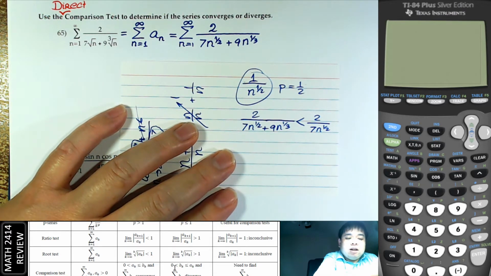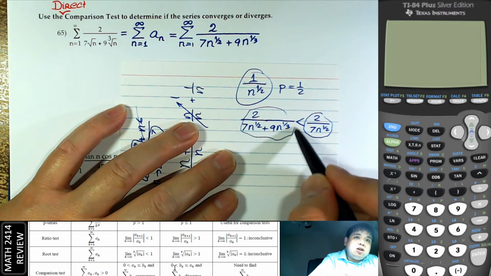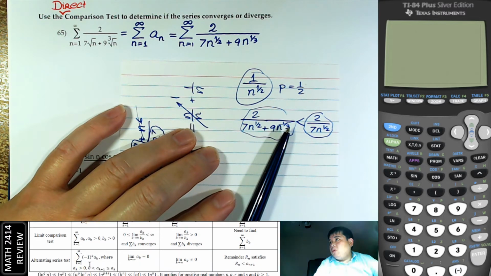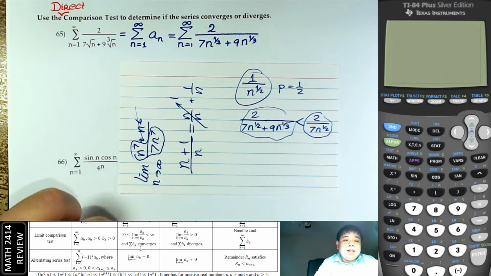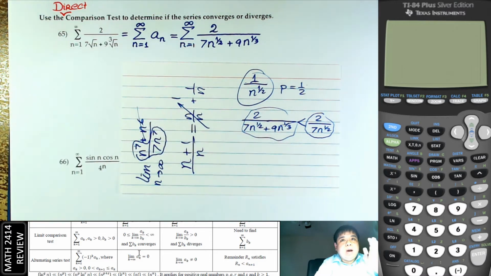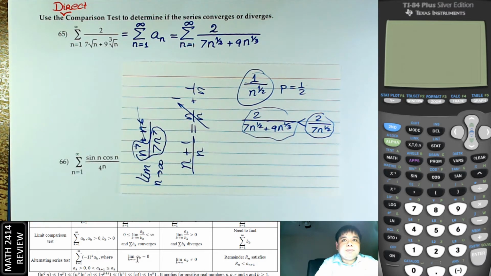What I mean by it doesn't work is because this one is divergent. If it is less than divergent, we cannot say anything. Direct comparison test is, if it is greater than divergent, it will be divergent, or less than convergent, it will be convergent. So we have to find something that is bigger than that and still divergent.